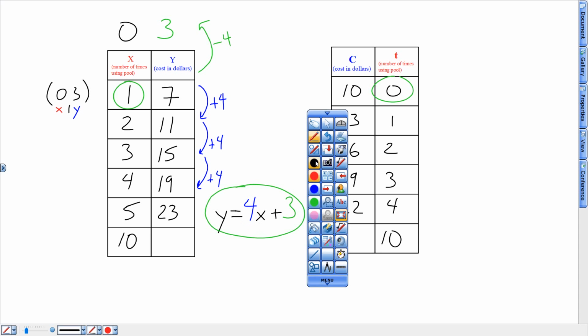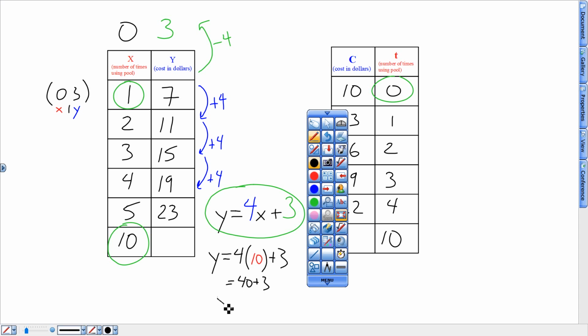If I wanted to find this 10th term right here, all I got to do is take that 10 and plug it in for x and do the math. That will give me what y is at that spot. So to find what y is, when x is 10, I plug in 10 for that x. All the other numbers stay the same, and that gives me 40 plus 3.